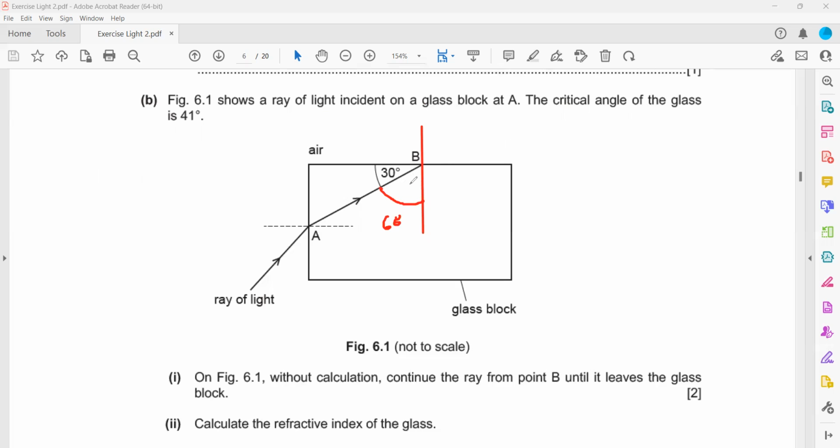So if this is 60, it means this angle is more than 41. If it is more than 41, what will happen? There will be total internal reflection. So light will reflect back in the same medium. That's why I draw the reflected one. Is it clear till this point?